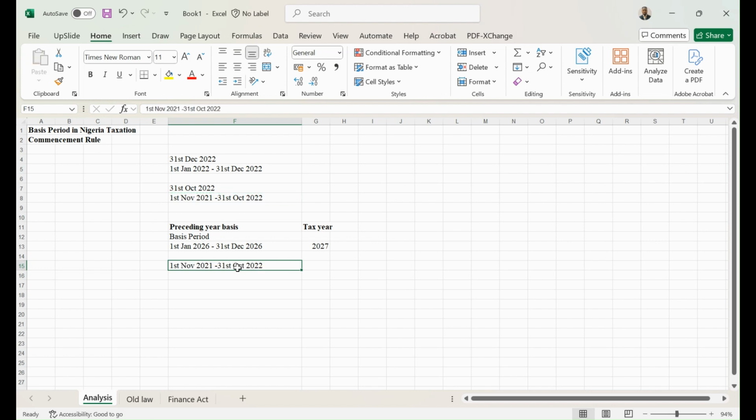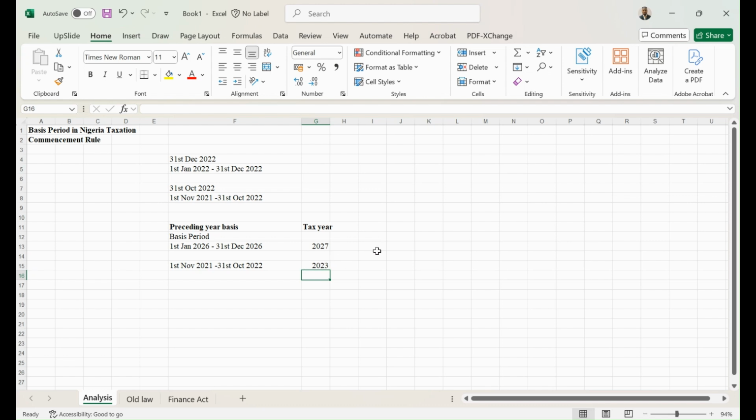Say basis period starts from 1st of November 2021 and ends 31st of October 2022, a 12-month period. On a preceding year basis, the tax year is going to be 2023. So all you just need to look at is the last date here that ends in 2022, then the tax year is going to be a year after.